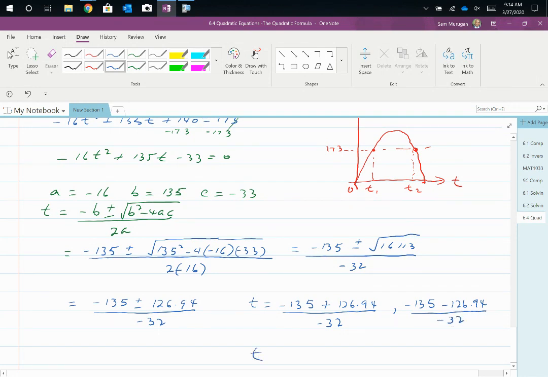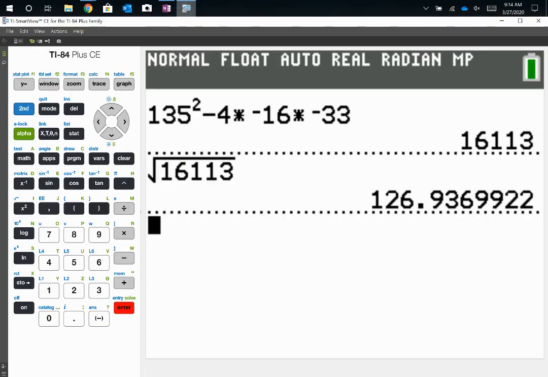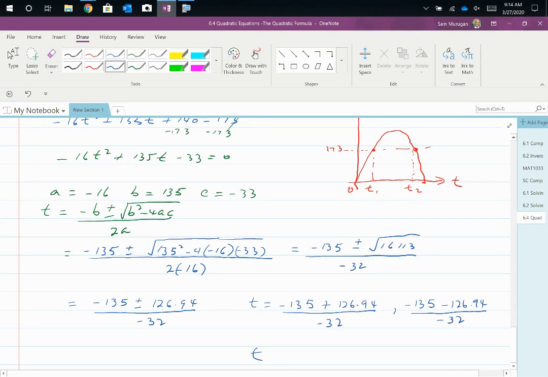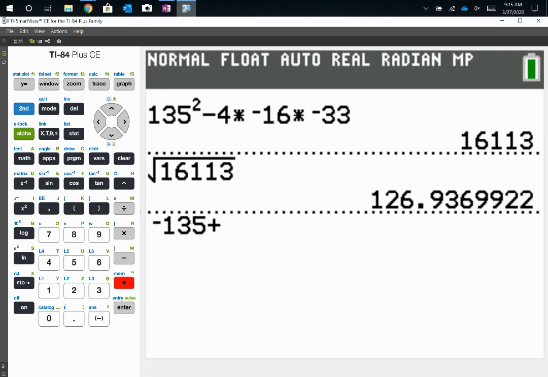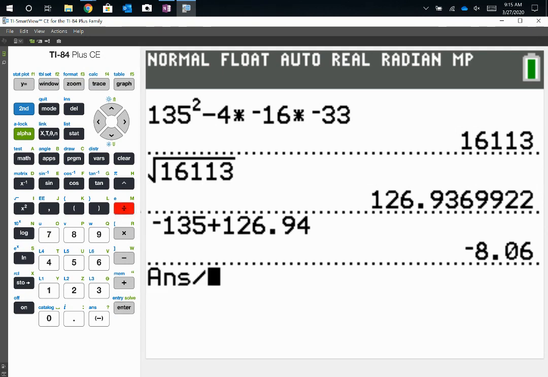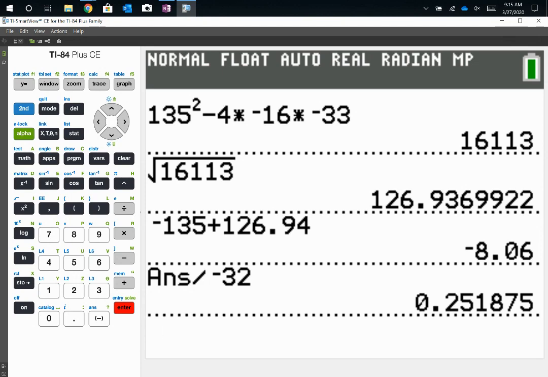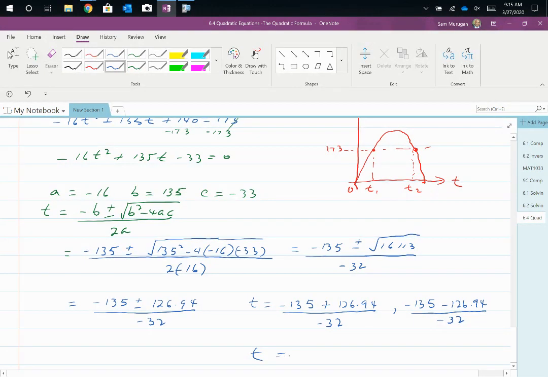And I'm going to do a bit of work with the calculator. So negative 135 plus 126.94, enter, divide by negative 32, to give me my first answer, which is 0.25. Take it to 2 decimal places.